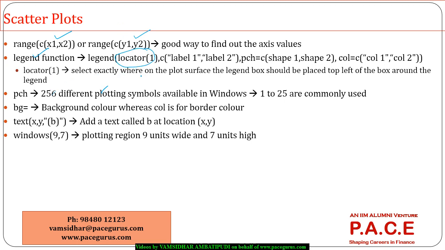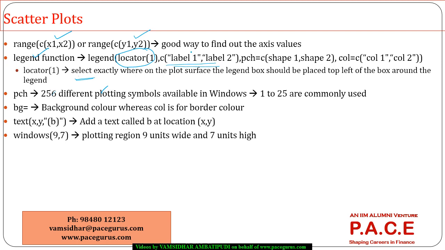Locator 1 is a very interesting parameter that you give into the legend function, wherein the plot will select where the legend should be placed. Locator 1 is trying to identify where the legend has to be located. And first you will give the legend labels.